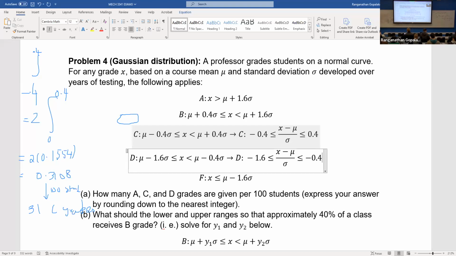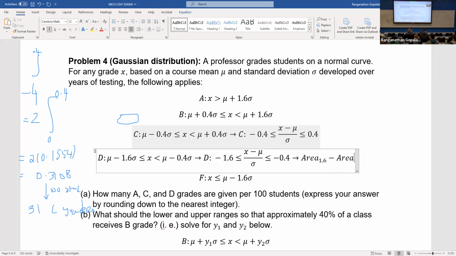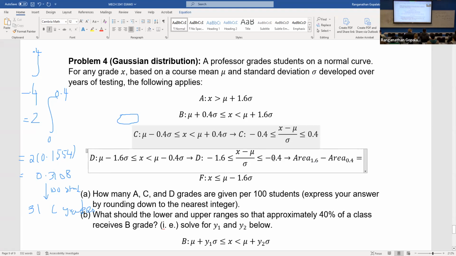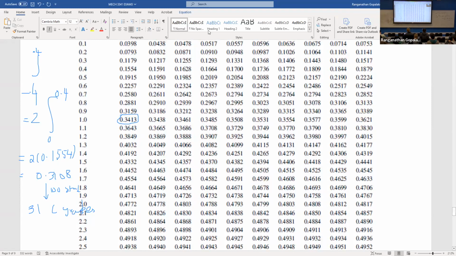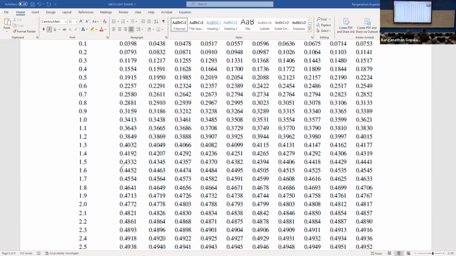So this is nothing but the area at 1.6 minus the area at 0.4. Easy enough to look up. So what is the area between 0 and 1.6? 0.4452. I just want to make sure that everybody is able to look up this. And what is the area between 0 and 0.4?